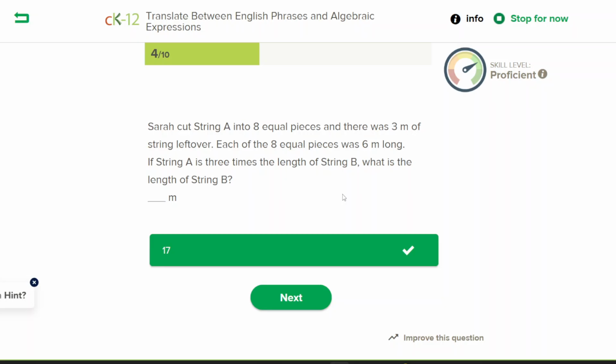The length of string A, I called A. The length of string B, I called B. The unknown numbers from the first two examples, we called X.